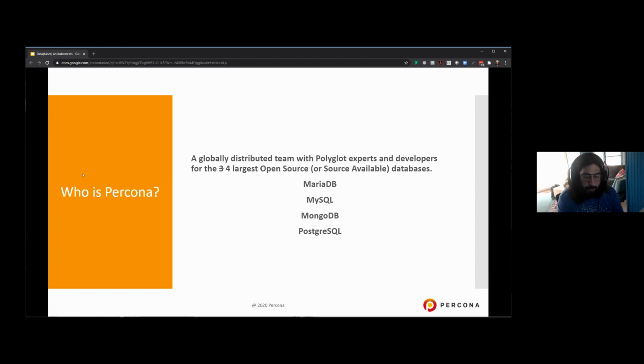The other thing that everybody should know about Percona is we're not just servicing these 4 databases. We actually contribute to the source code to some of these, and then also have our own distributions for everything except for MariaDB. We kind of leave them off as a true fork. They have a really good North Star that they're following.